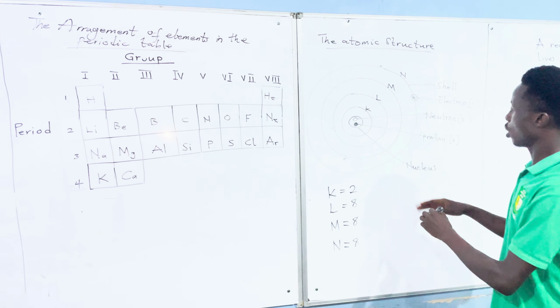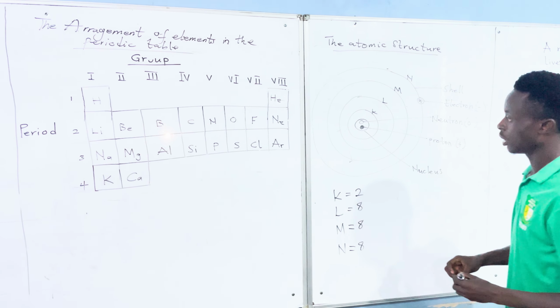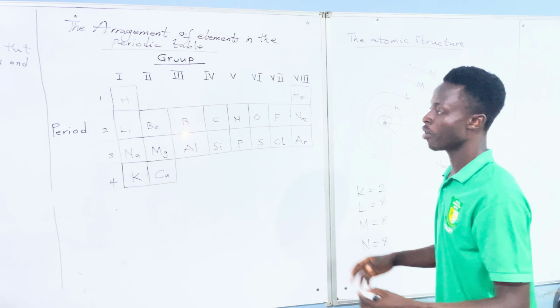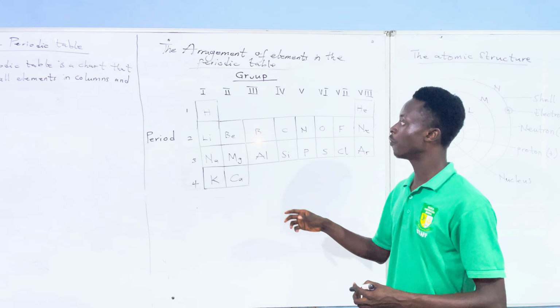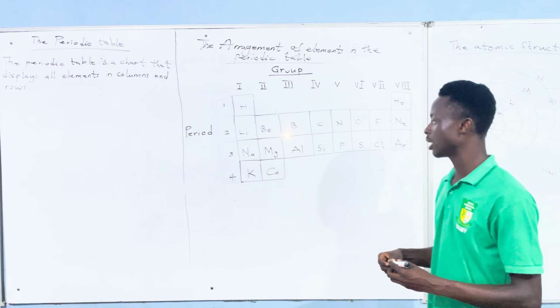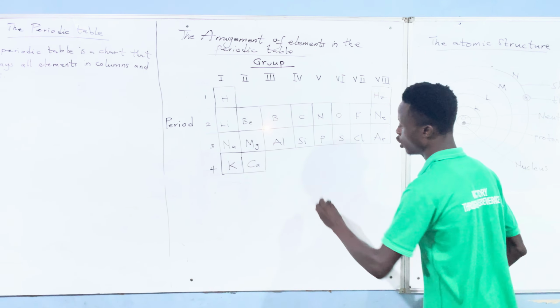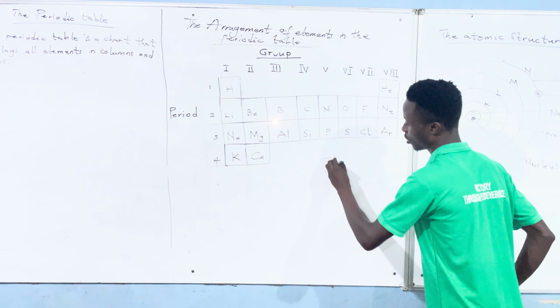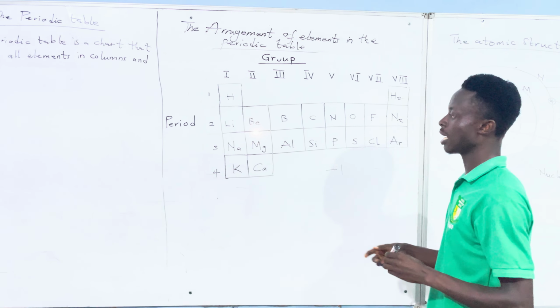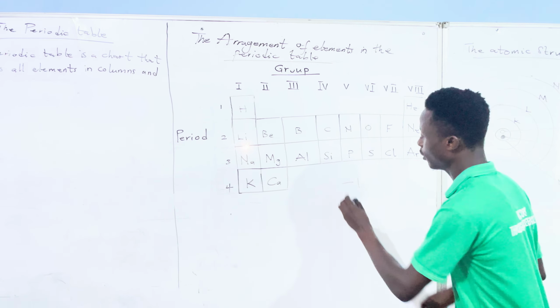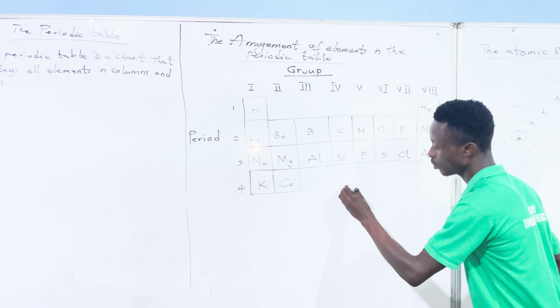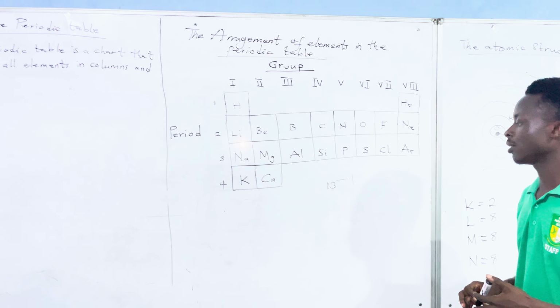So with this idea, let's draw the electronic configuration of one of the elements here for us to be able to find the group and then the period. Let's take aluminium, for instance.